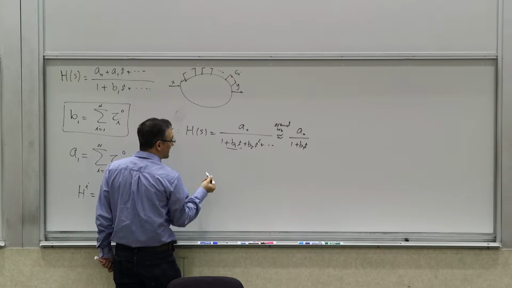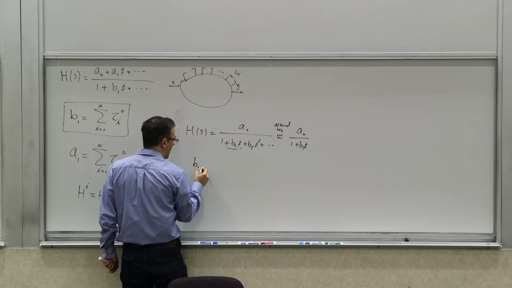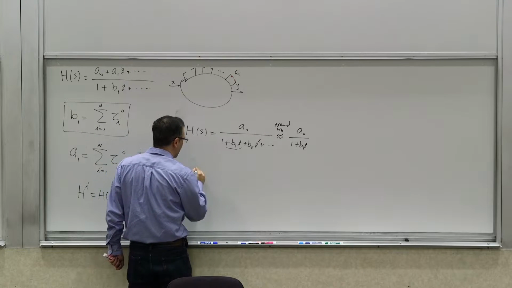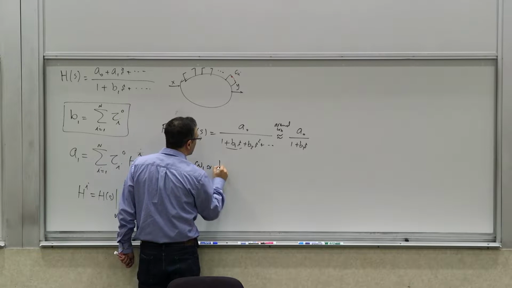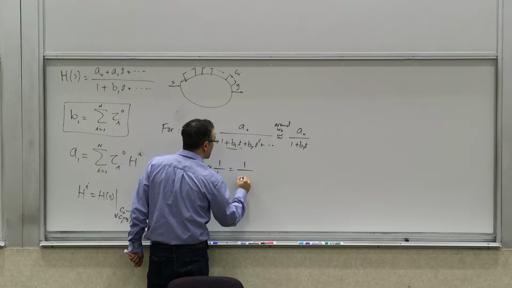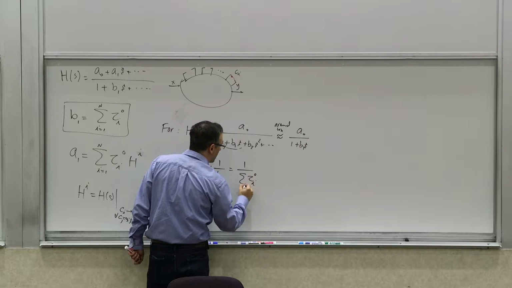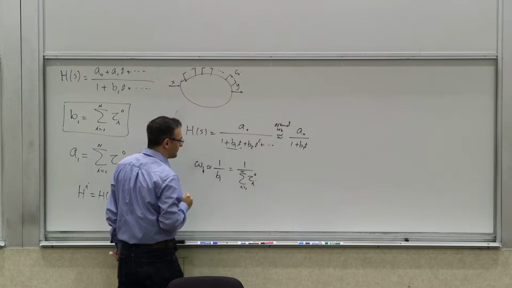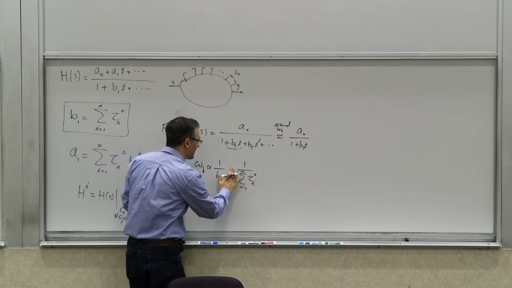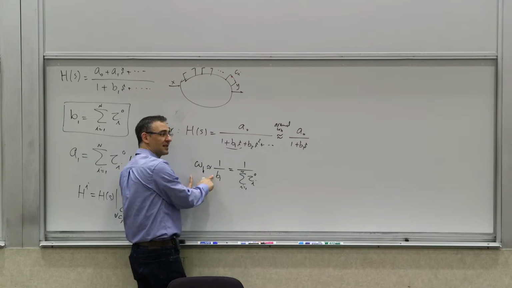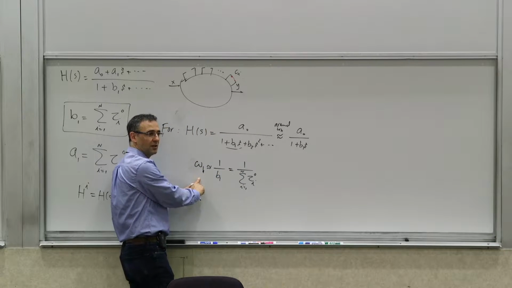And if that were the case, then an approximation of omega h would be 1 over b1, which would be 1 over the sum of the zero value time constants. This equality, this part is exact. This is the assumption. This is an approximation, right?